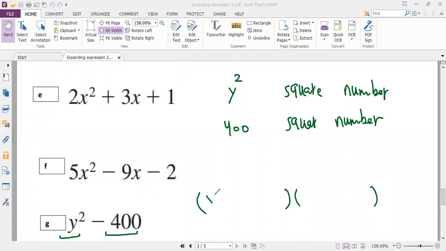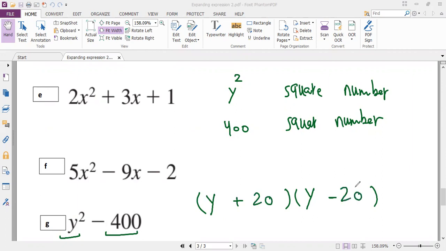y squared is going to be y and y. If you remember, I explained the expanding at the beginning of the session. So minus 400. What is the square root of 400? It's 20. So write plus 20 and minus 20. You know why?